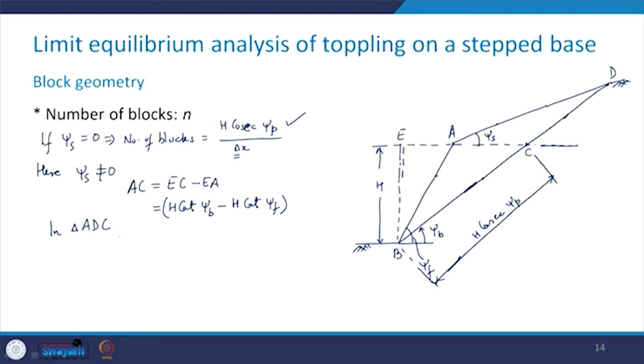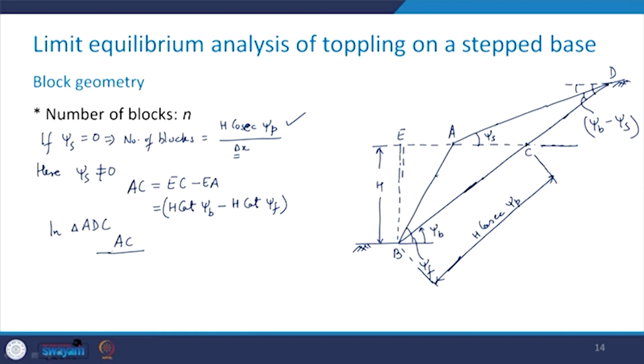What we will get is AC, and in front of this side this is the angle. What this angle would be, you see here, this angle is going to be psi b minus psi s, because this total angle will be psi b, and this angle is psi s, and you will get psi b minus psi s.